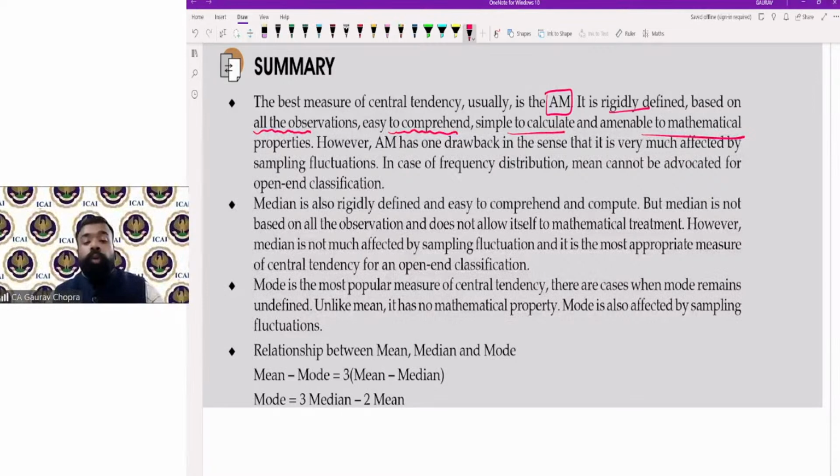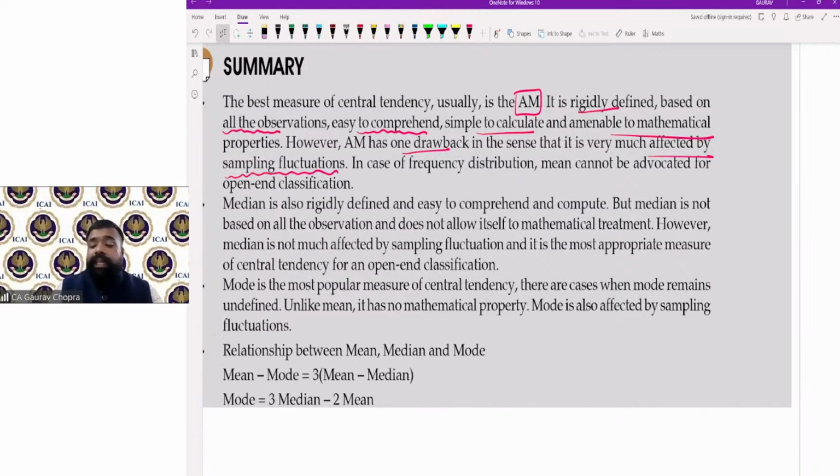That is change of origin and change of scale. However, arithmetic mean has one drawback in the sense that it is very much affected by sampling fluctuation. The more times we make changes in the sample, the more variation in the sample, the more change will come in the arithmetic mean. So it gets affected due to sampling fluctuation.